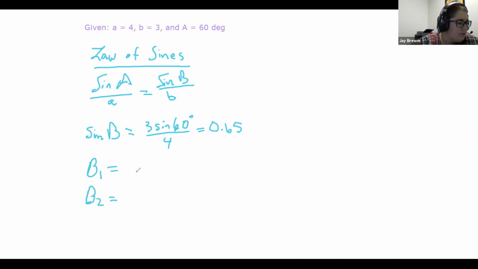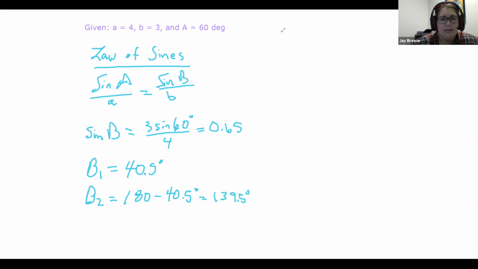The first option is 40.5 degrees. And if you take that from 180, you find a second angle option, which is 139.5 degrees.